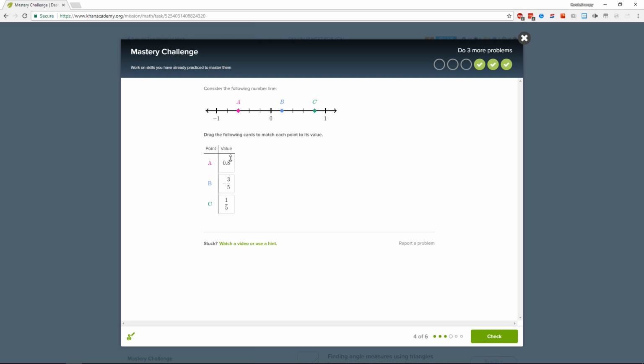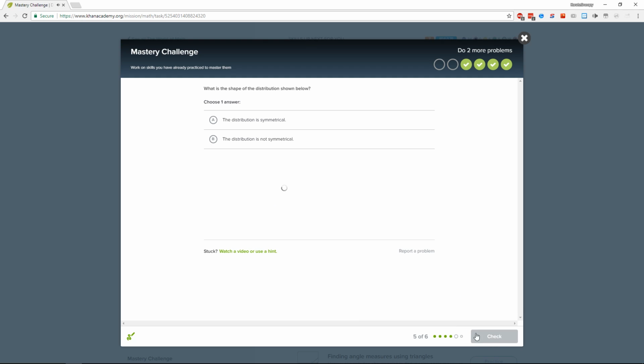Drag the following cards to match. So that one's negative. There we go. Not symmetrical.